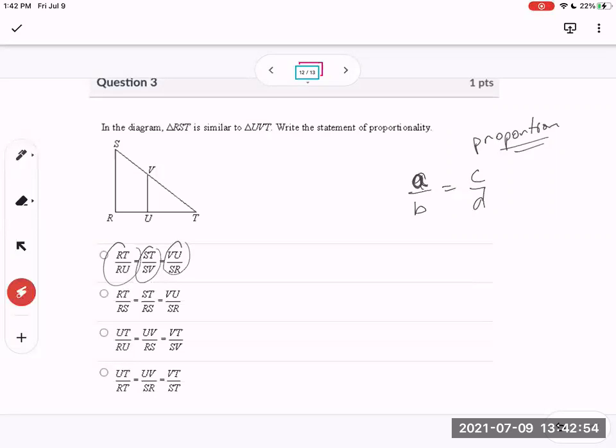For this one, they're telling you that RST is similar to UVT. So you know that since these are similar, the proportions of the sides are equal to each other. Let's see. Let me draw these in so we can see it better.